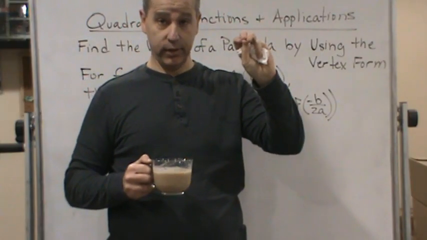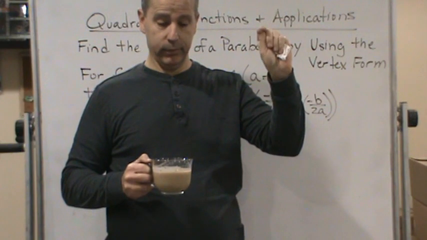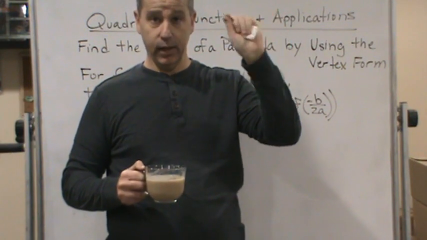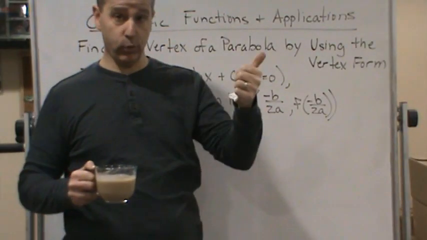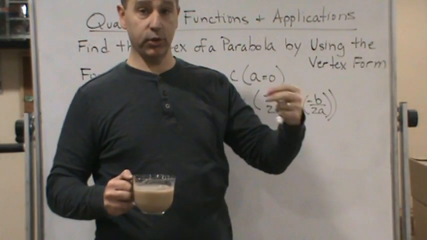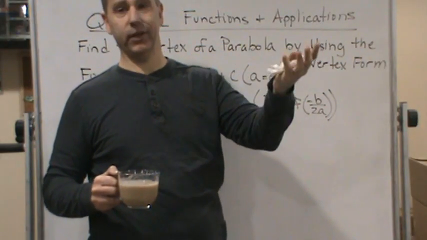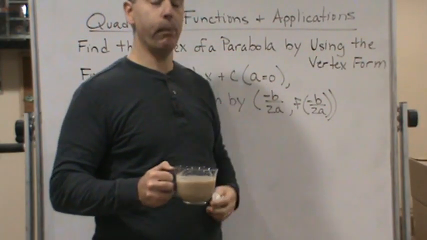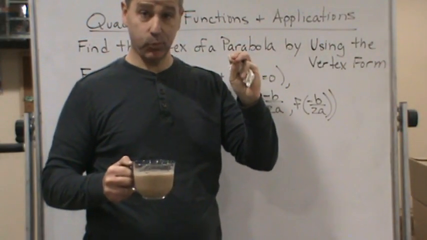Remember our discussion with the discriminant, okay? The discriminant tells us how many solutions there are, whether there's going to be 1 real solution, 2 real solutions, or no real solutions, right? But also, if you remember, it tells us where the vertex is, okay?